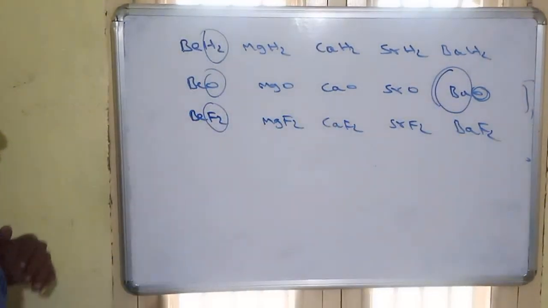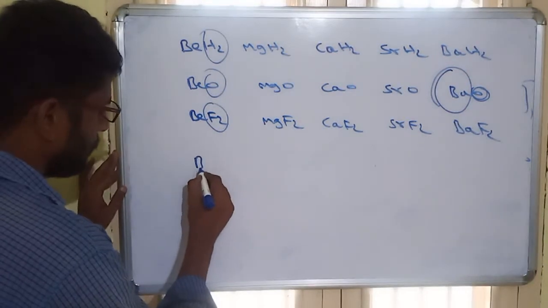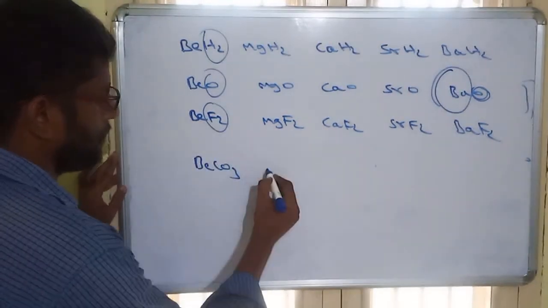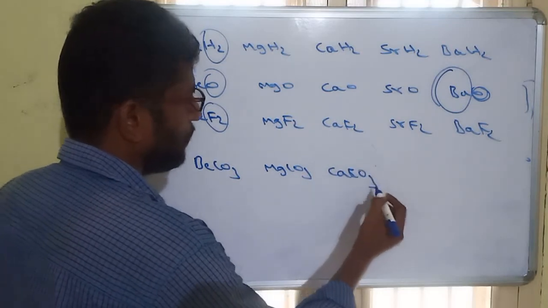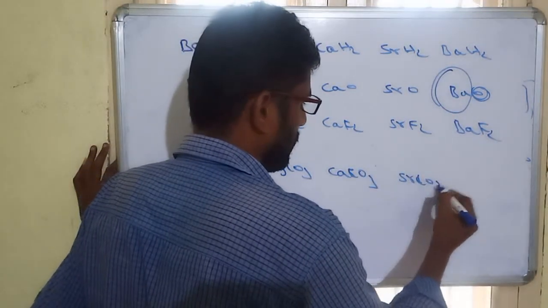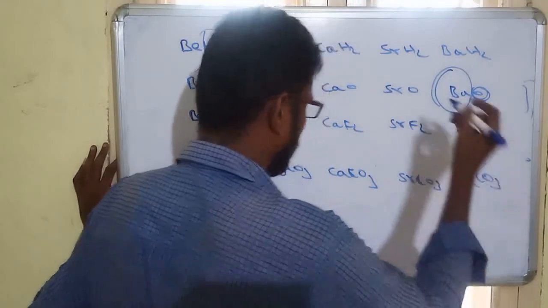But when we are going for carbonates, suppose beryllium carbonate, magnesium carbonate, calcium carbonate, strontium carbonate and barium carbonate.